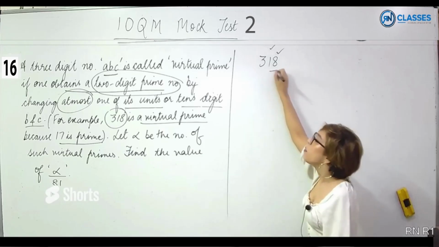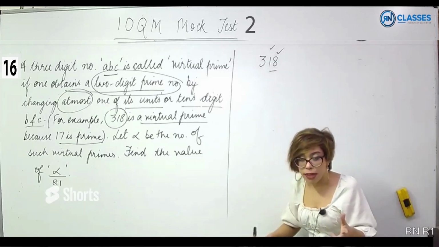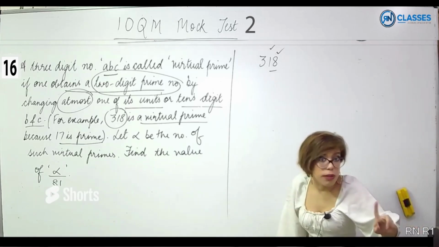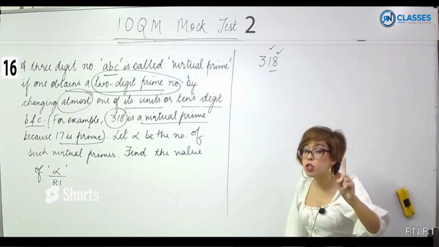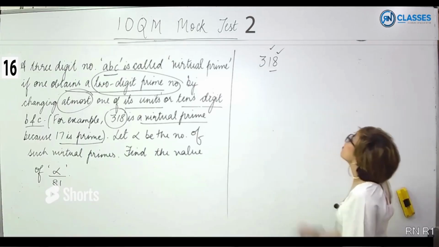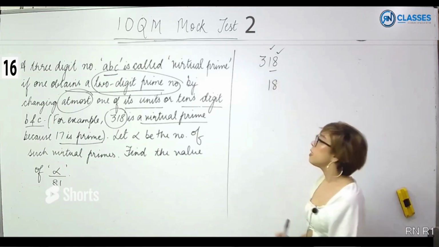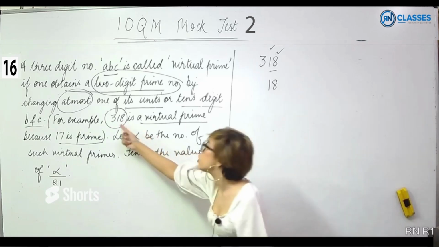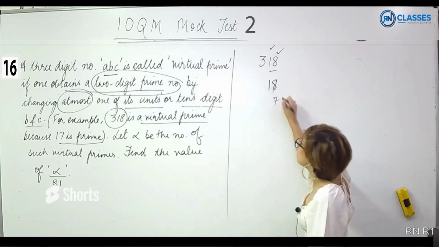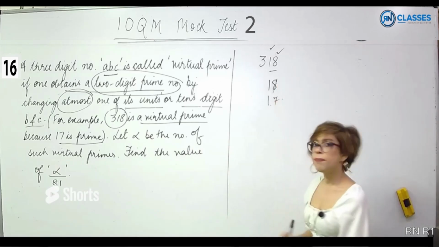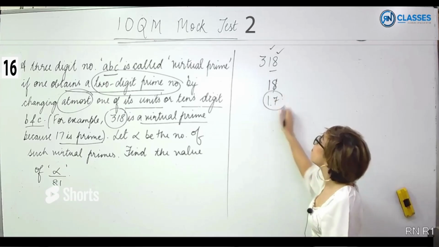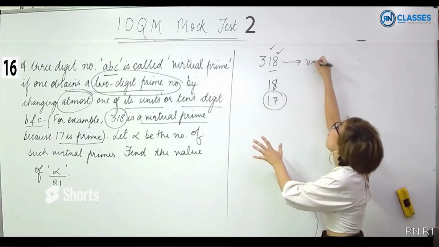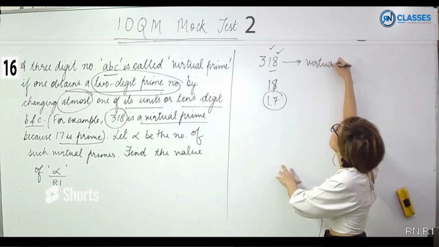At most one means either I change none of these or I change one of these, not both. If I change one digit, he says you can change 8 to 7, and we know that 17 is a prime. If that is the case, such a number will be called a virtual prime.